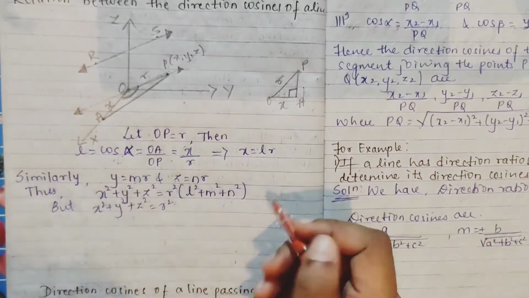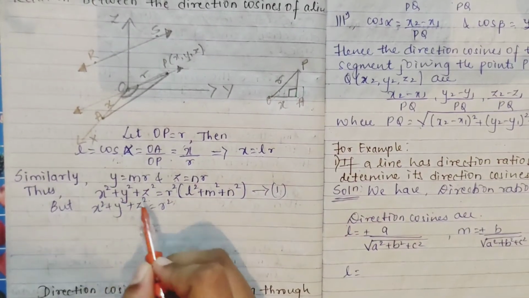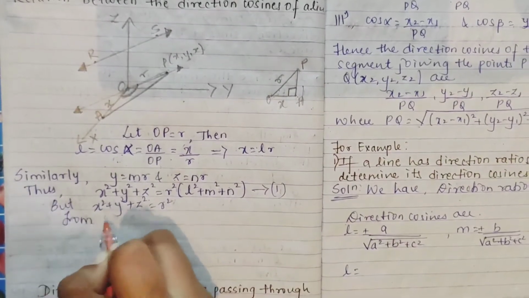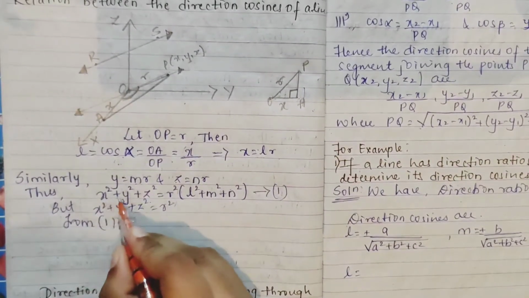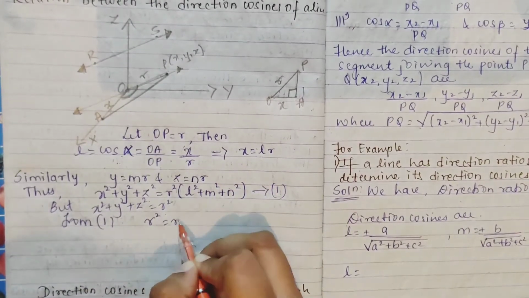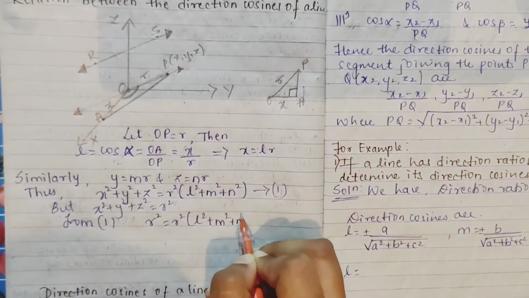So we are replacing this, you take it as 1: x square plus y square plus z square by R square. So from 1, what we get: x square plus y square plus z square is taken as R square. Your left hand side remains as it is, R square, L square plus M square plus N square.